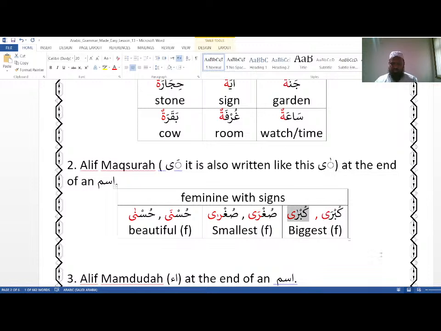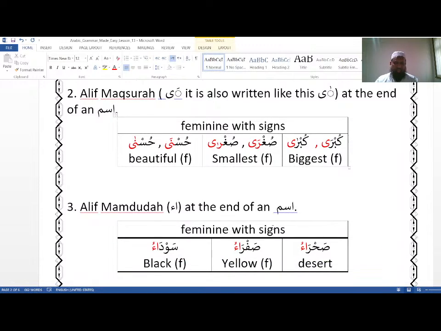We know there's an alif on the last letter, and the way we stretch this, we stretch this as well, because they're both alif maksura. Kubra, biggest, for feminine. Sughra, smallest, female, feminine. Husna, beautiful, female.